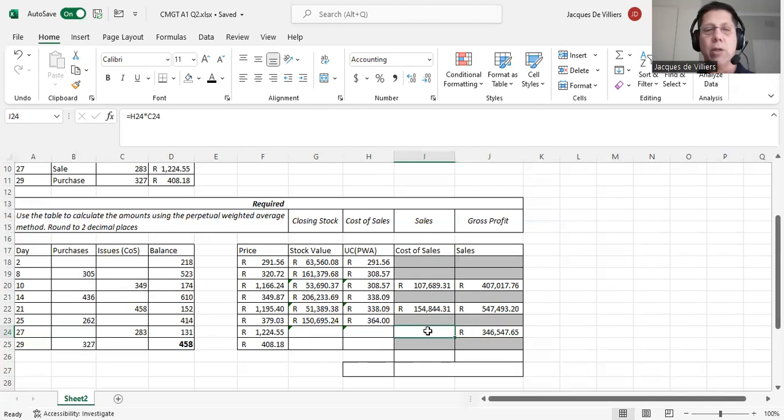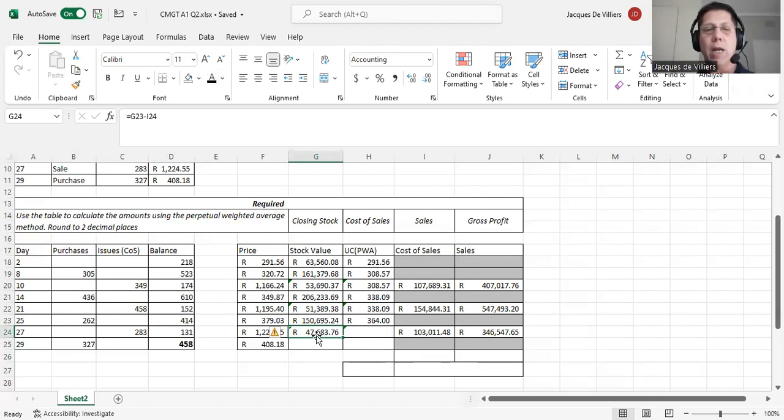The cost of sale will therefore be that same 283 units multiply by our current unit stock value of 364, and it gives us a cost of sale of 103,000. Okay, the stock value will now simply be what it was before minus the cost of sale, which is 47,000.